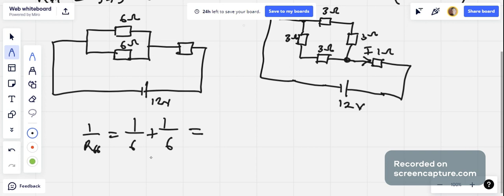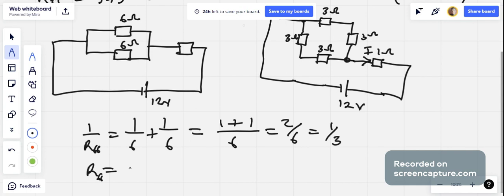The LCM here is 6, so this will be 1 plus 1, which equals 2 over 6, which equals 1 over 3. If you take the inverse, R66 will be 3 over 1, which is 3 ohms. So the equivalent resistance of these two in parallel is 3 ohms.